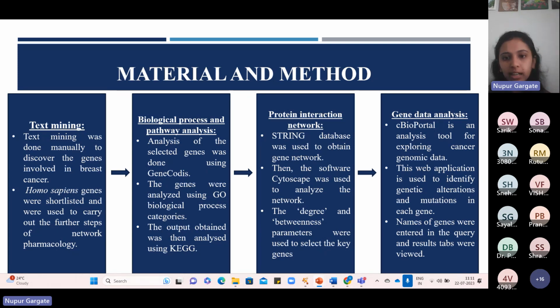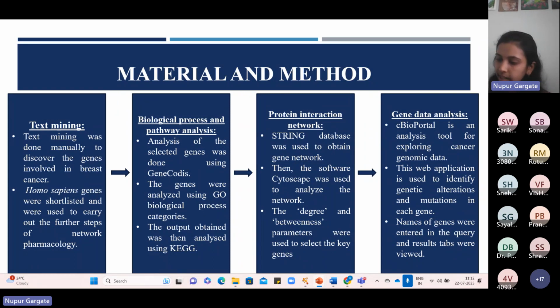The next step was the protein interaction network, which was the major step performed. The STRING database was used to obtain the gene network, and to analyze the network, Cytoscape was used. STRING mainly gives us a visualization of the protein network, but when we have to analyze the network, we have to use Cytoscape. Cytoscape is a software which we have to download in order to analyze the genes.